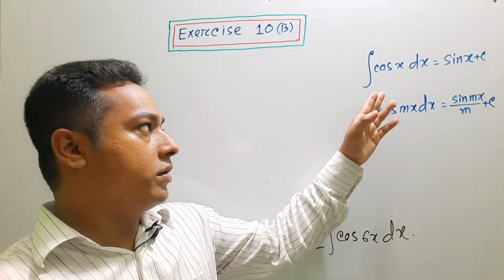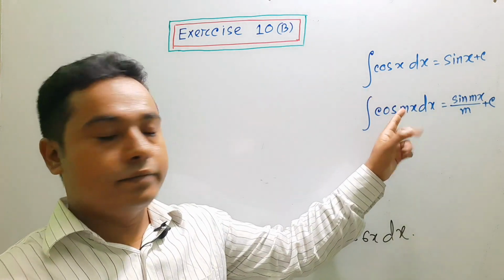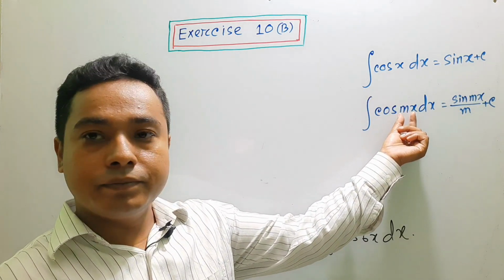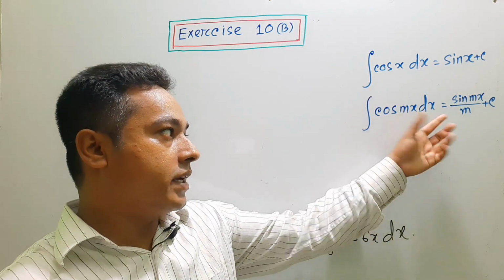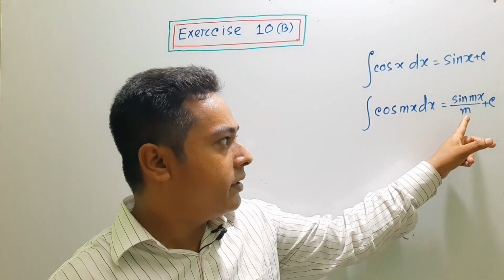If any constant is involved with x, here you can consider the constant m, then integration of cos mx dx is equal to sin mx divided by m plus integral constant c.